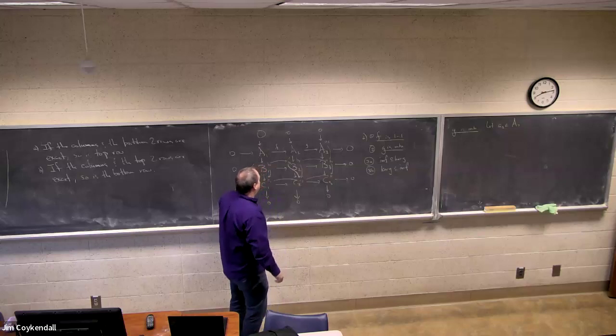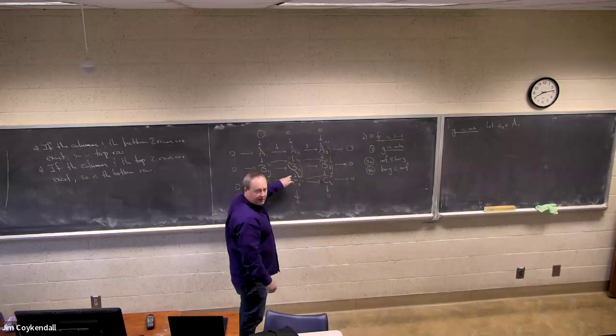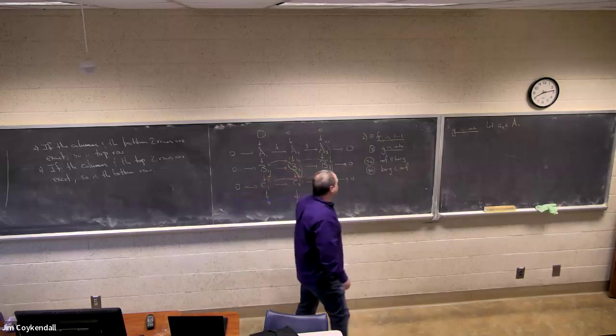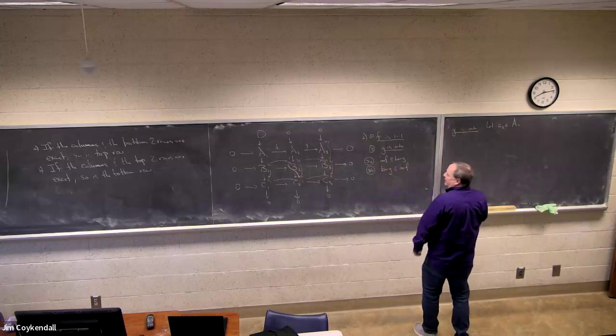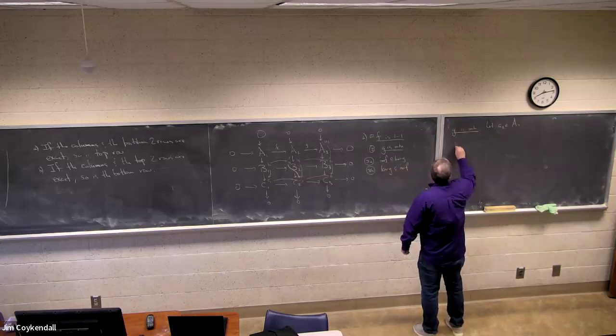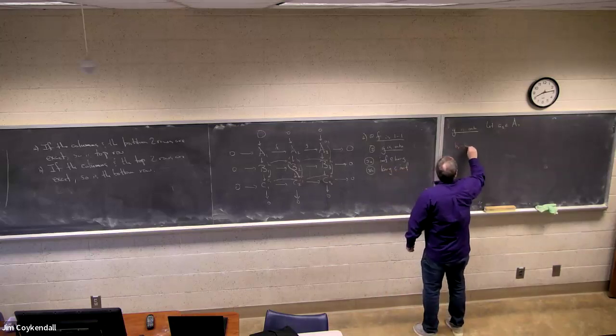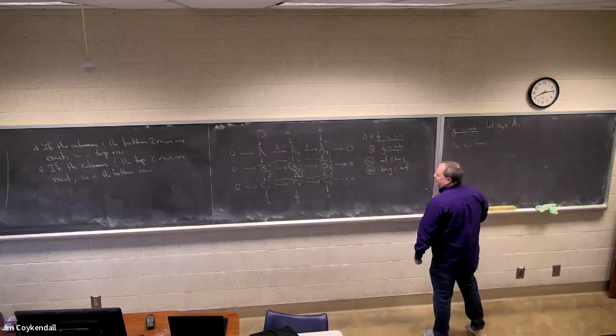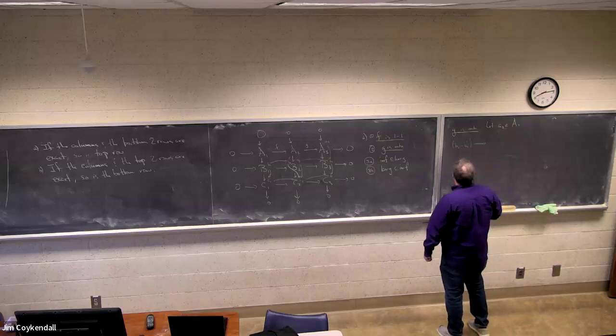This has to go to C2 as well, right? And so by this observation, B2 and B2 prime go to the same place. So let me write this down. Notice that if I push vertically, this goes to 0.